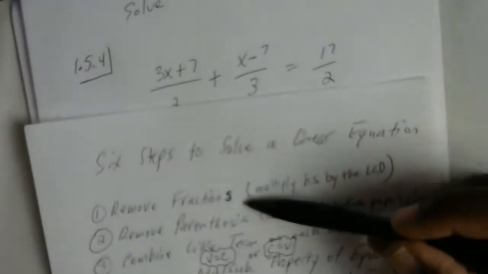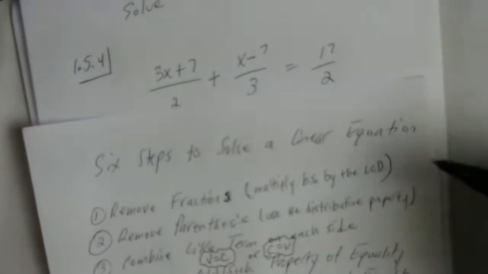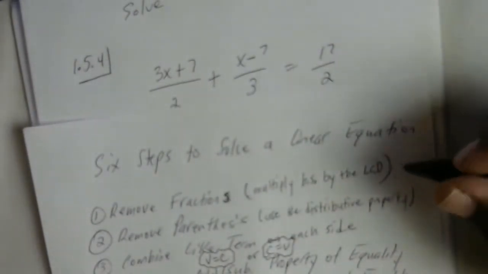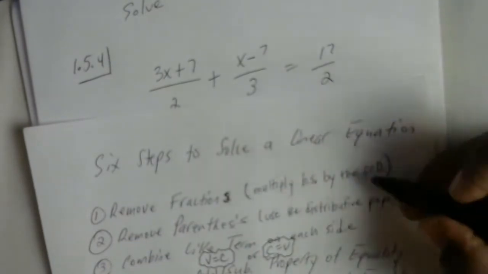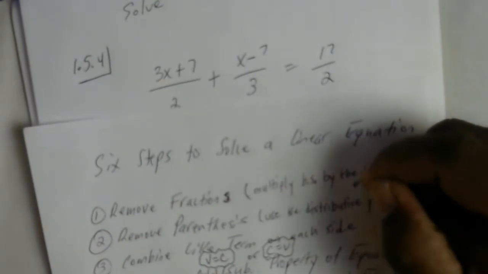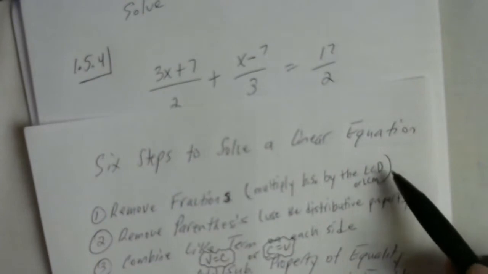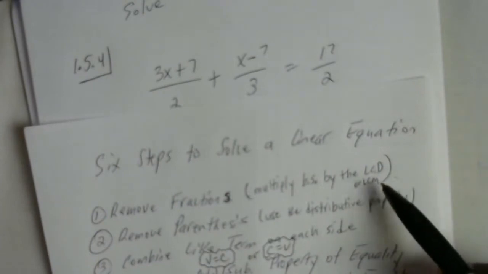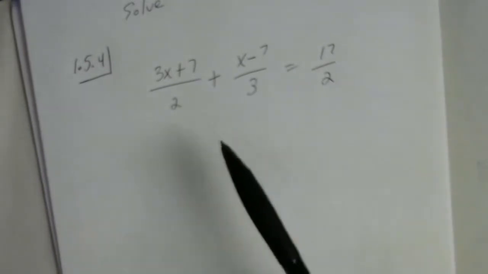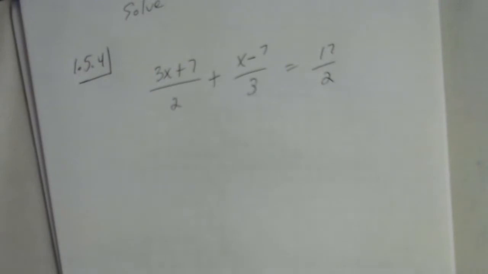So the very first step says we have to remove fractions by multiplying by the least common denominator, or that can be the least common multiple. So I'm going to dovetail on this a little bit, and I'm going to write or LCM. Okay, the least common denominator and the least common multiple are one and the same. So now how do I find the least common denominator or least common multiple for this problem?